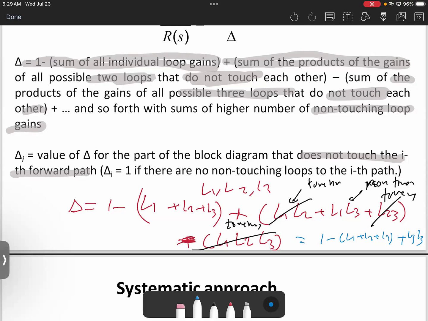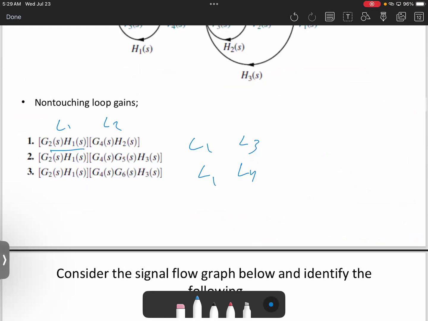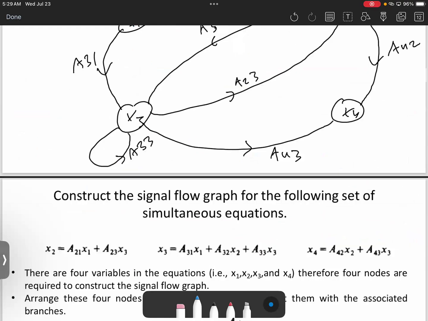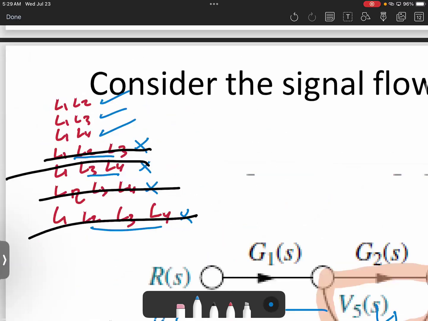Do you remember when I talked about all of the possibilities of the loops? Let me show it to you again. Like this. For example, in this example we said L1, L2, L3 are touching.